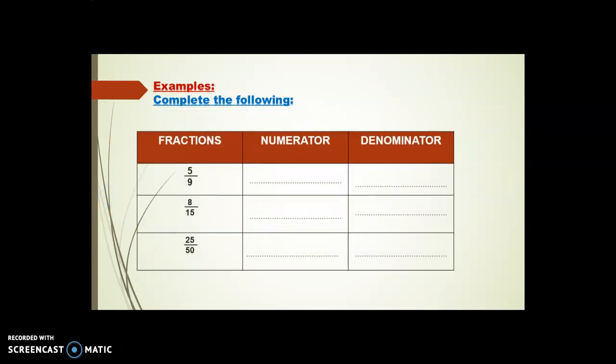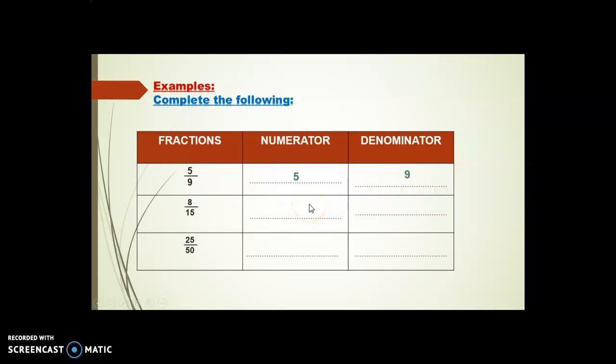We have an example. I have this table and I want to complete it. I want to write what is the numerator and the denominator from these fractions. We said that the numerator is on top and the denominator is down. So in the fraction 5 over 9, the numerator is 5 on top and the denominator is 9 down.